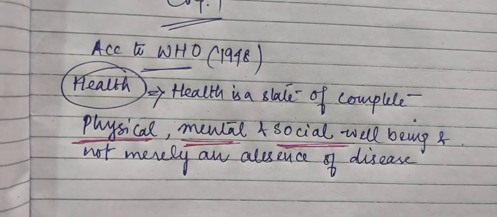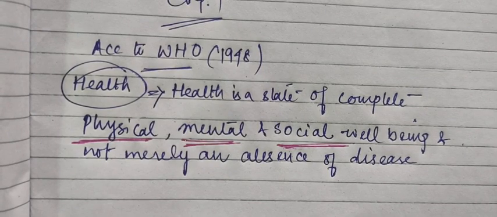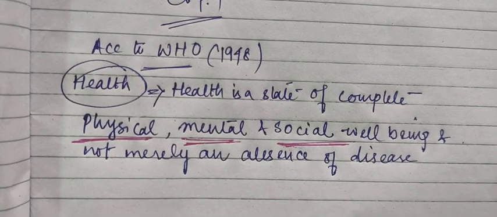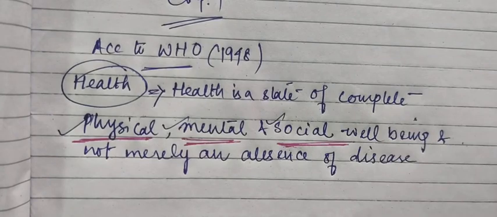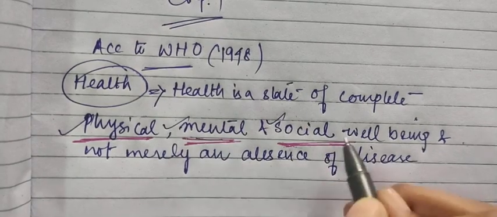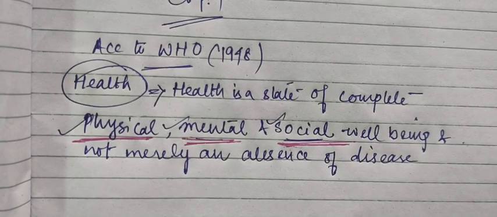In a healthy person, my physical condition, my mental condition and my social condition are good, in a better position with respect to others. That's why I can say I am a healthy person.